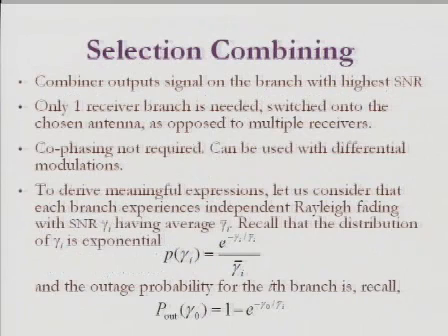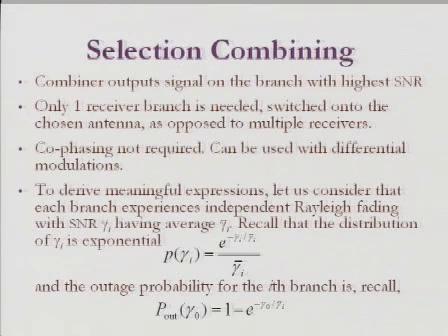which is again here. So the idea in selection combining is to output the signal on the best branch. That's it. So the other ones get discarded, and we just retain the branch that has the highest SNR. Okay? An obvious advantage is that we only need one decoder, one radio, because we're going to just choose one.